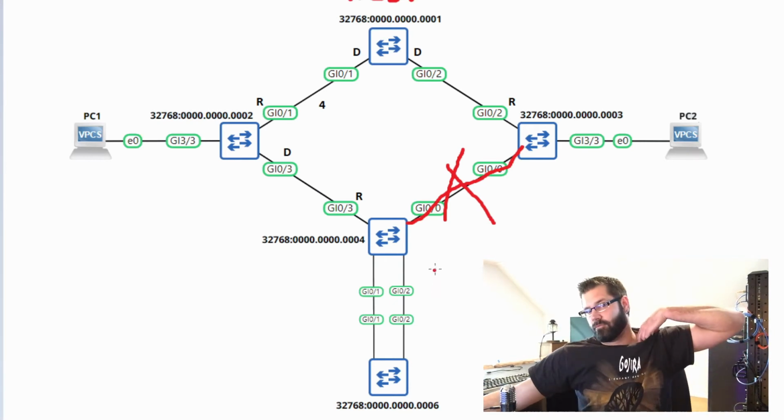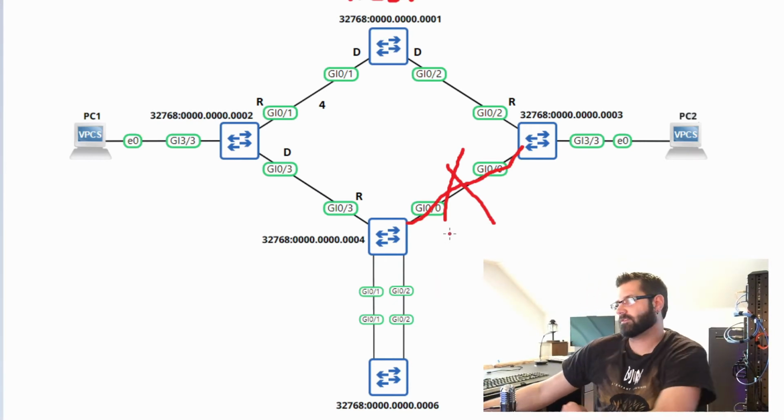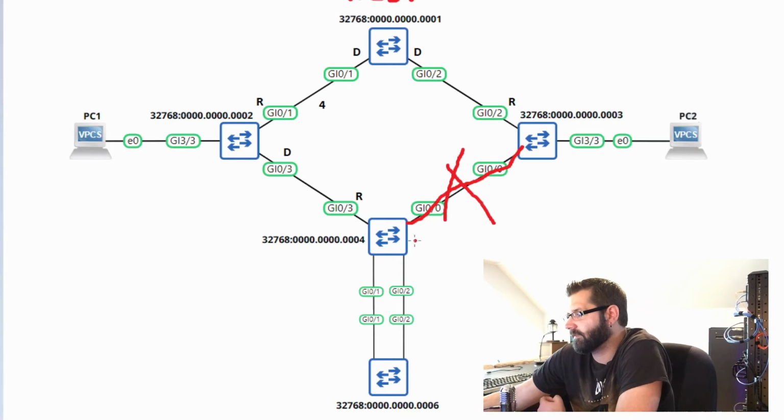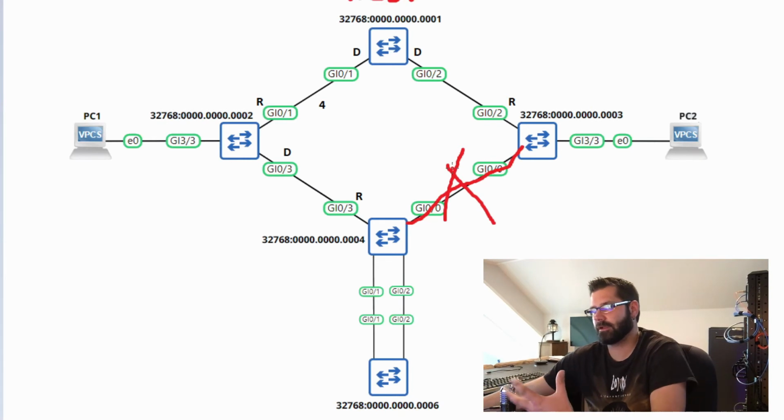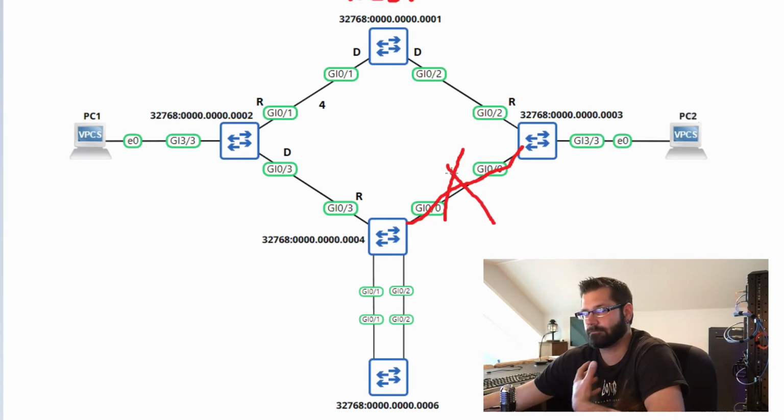And that wouldn't necessarily be wrong, because this link will be blocking. It's just a matter of which side of the link is blocking, because one side will be designated, and the other side will be blocking. And that's still as good as blocking. That's still as good as this link being out of the picture unless something else fails.